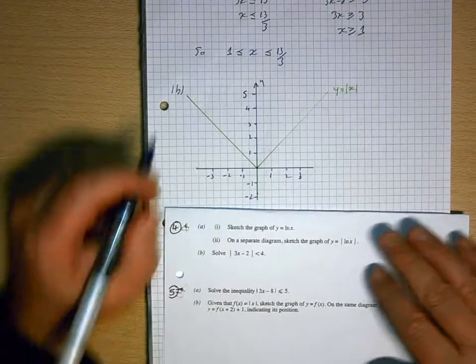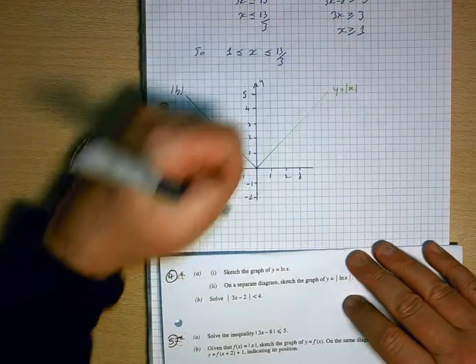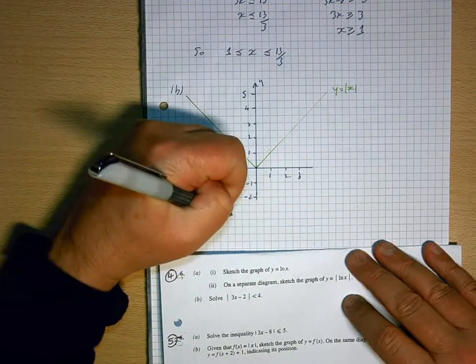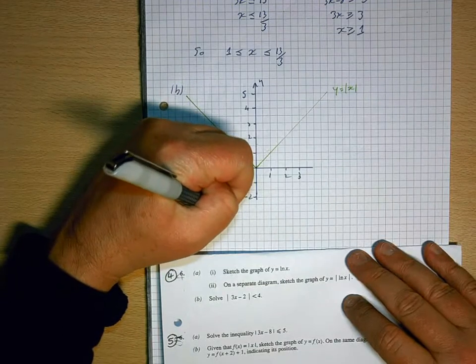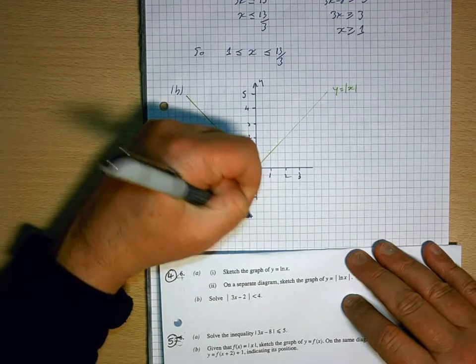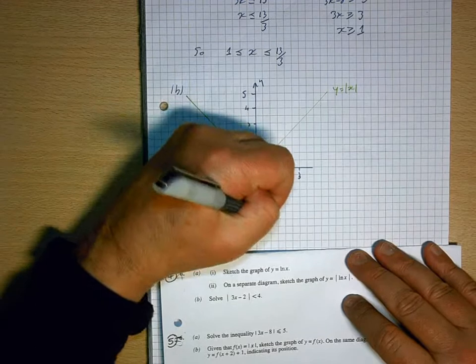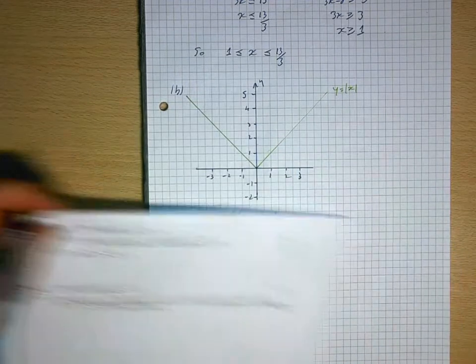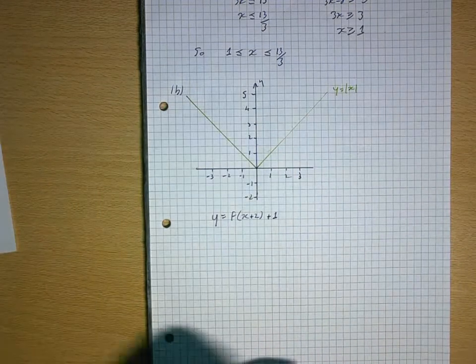Now, where we're going now is that we are going to translate that graph, and we are going to travel f(x + 2) + 1. So there's 2 transformations that we're going to make.